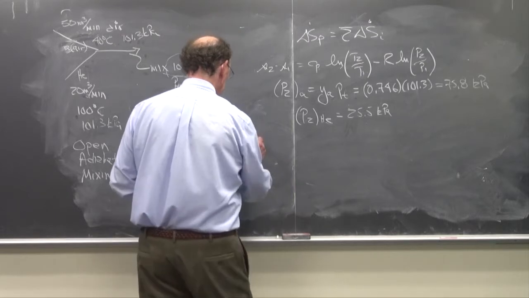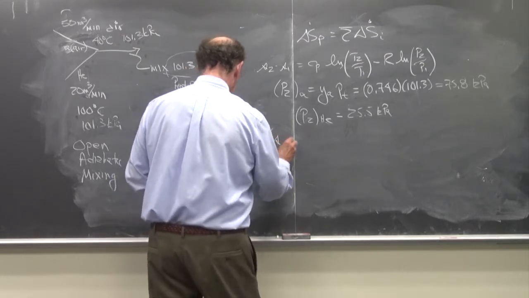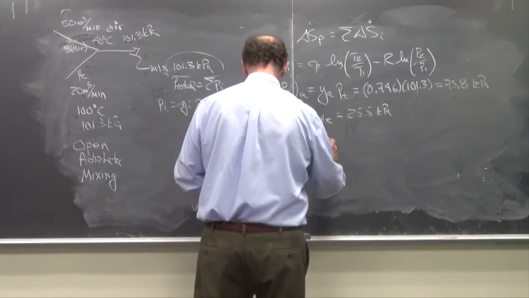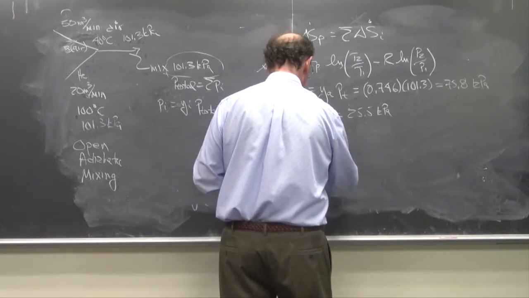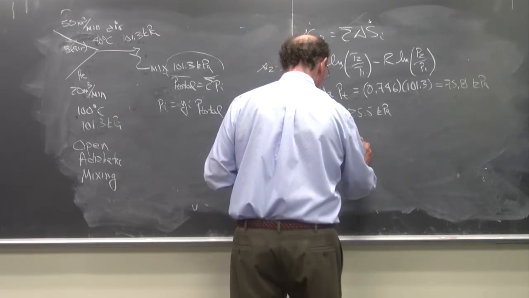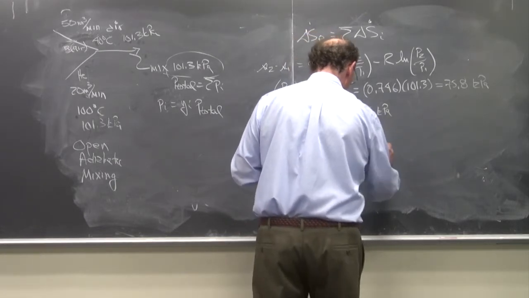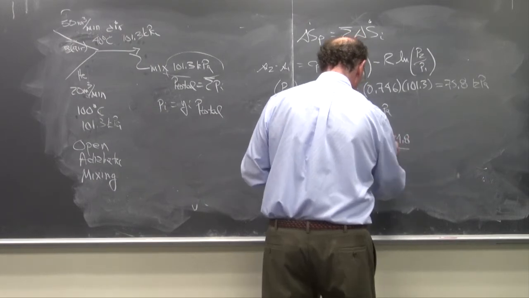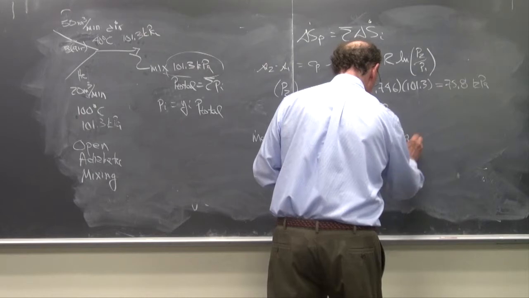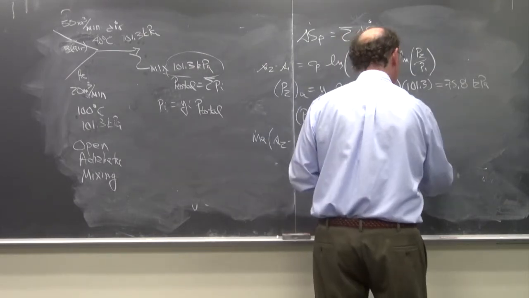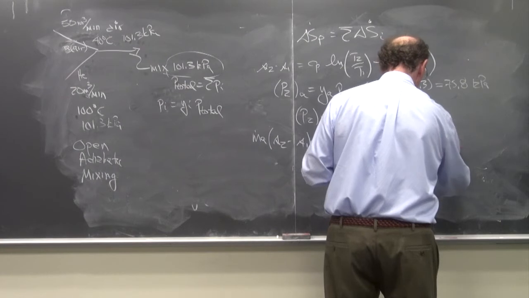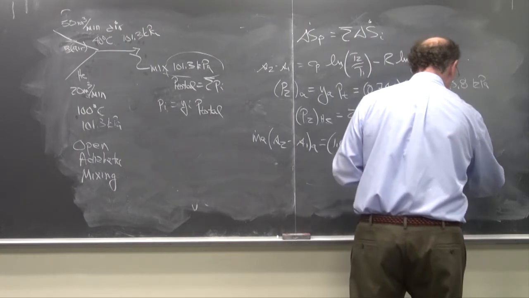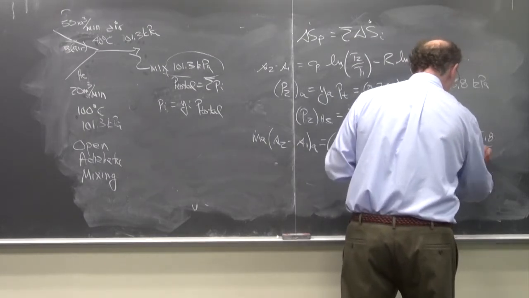So I can find out what this is for each of the gases. I have m dot A times S2 minus S1 of the air is equal to C sub P, 1.0047 times the log of 324.8 over 313, minus R, 0.287, times the log of 75.8 over 101.3.